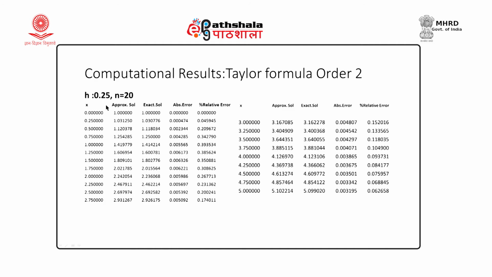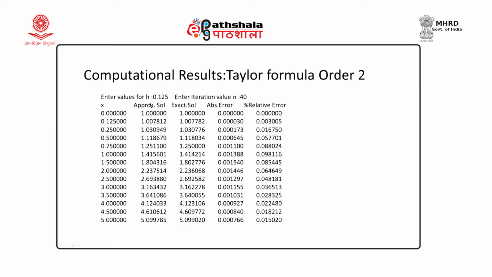and percent relative error is 0.274433. If you reduce the step size to 0.25, the percentage relative error has become 0.062658. Absolute error has come down to 0.003195, an improvement, and further 0.125. To make the table look small and legible, I am not showing the in-between steps, but all of them are there: 0.125, then 0.25, then 0.375, then 0.675 and so on.